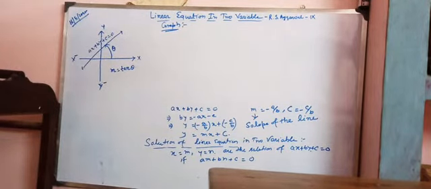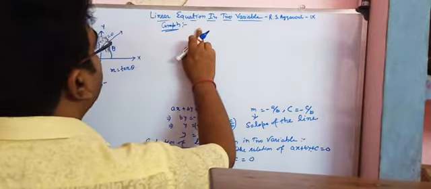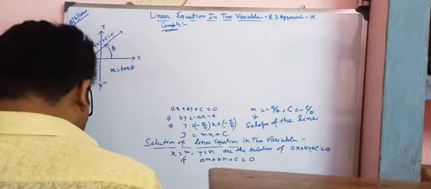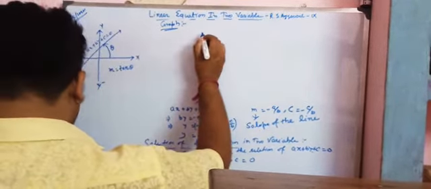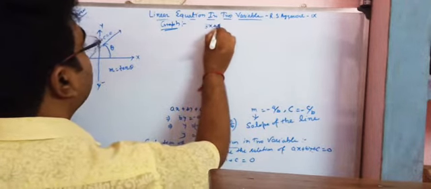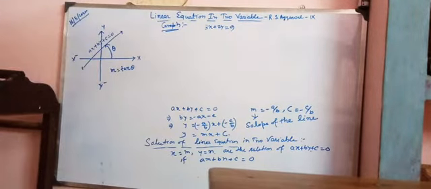For that, suppose we are taking one linear equation, 3x plus 2y is equal to 9. So this is a linear equation.